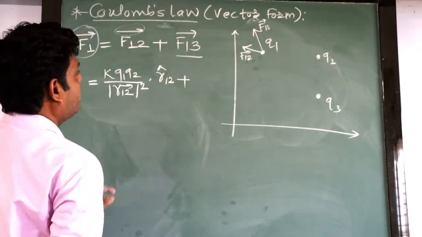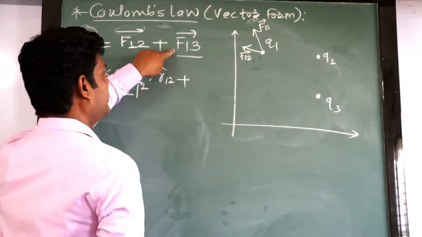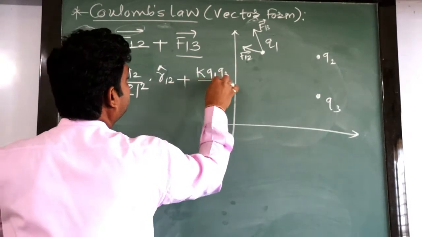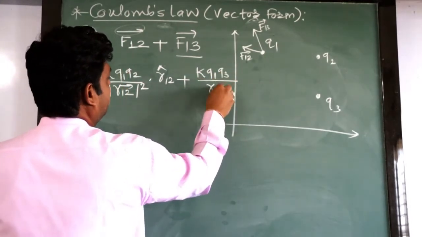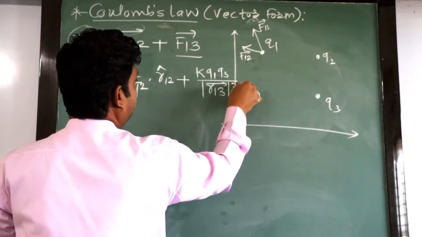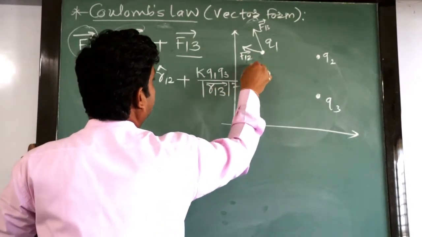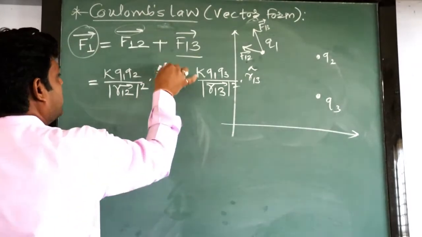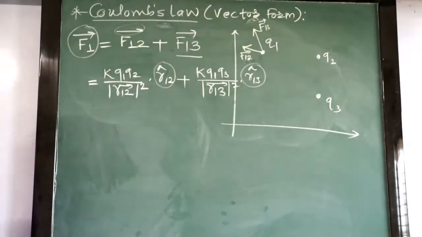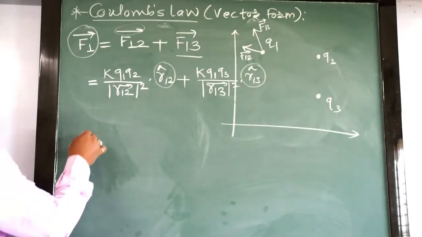Similarly, the force acting on 1 due to 3 will be K Q1 Q3 divided by R13 mod square into R13 cap. As we know, R12 cap and R13 cap are the unit vectors.